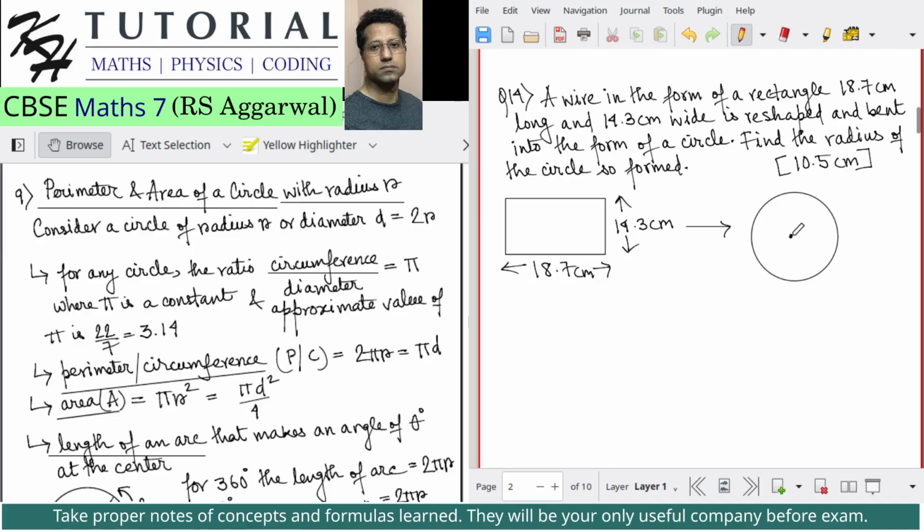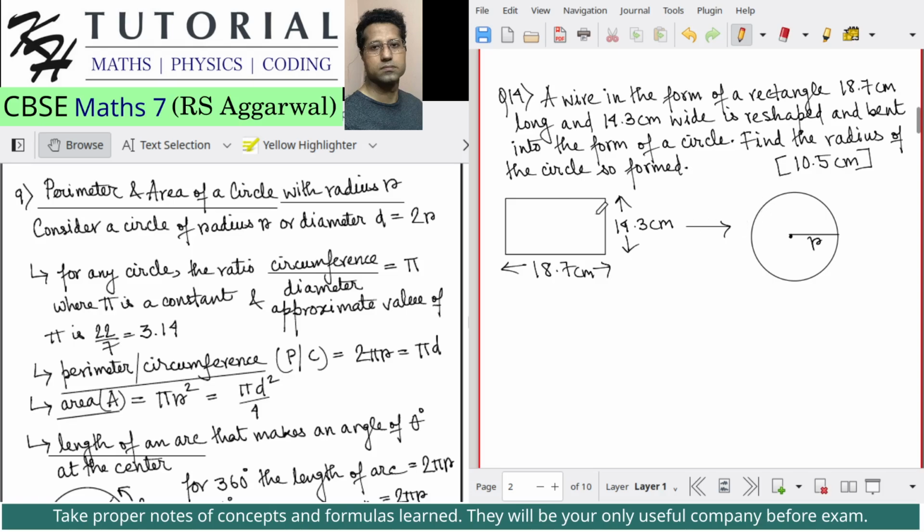Let's say this circle will have a radius small r. So definitely the concept is that the length of the wire is fixed, it is not changing. So the entire length of the wire is used up to form the rectangle, which means the perimeter of the rectangle is equal to the length of the wire.